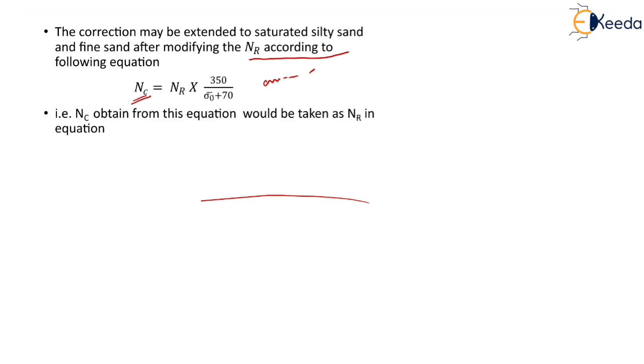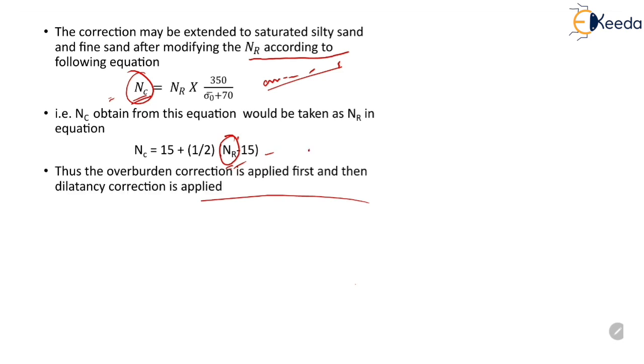Nc obtained from this equation would be taken as Nr in the equation Nc equal to 15 plus half into Nr minus 15. So here the Nr value will be equal to the corrected reading of the overburden correction, and this is the equation for dilatancy correction.